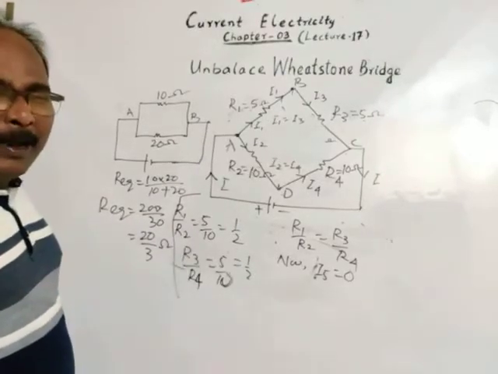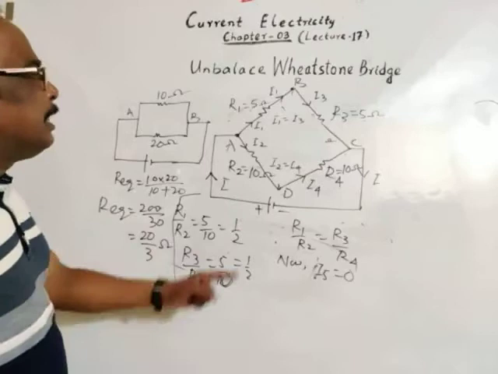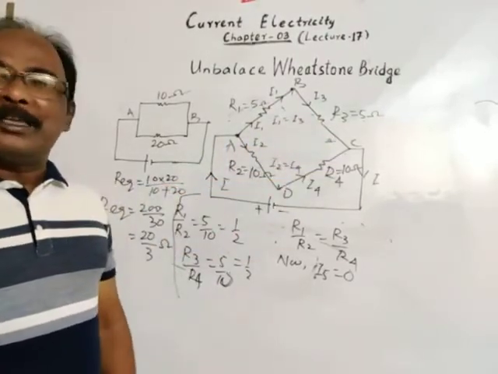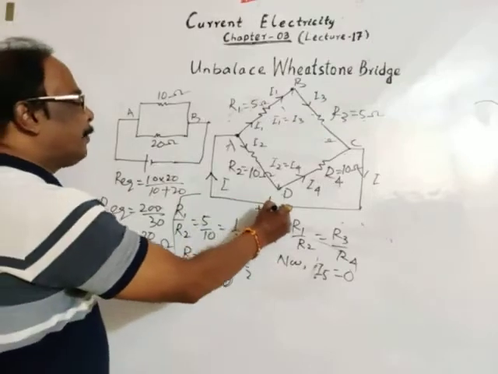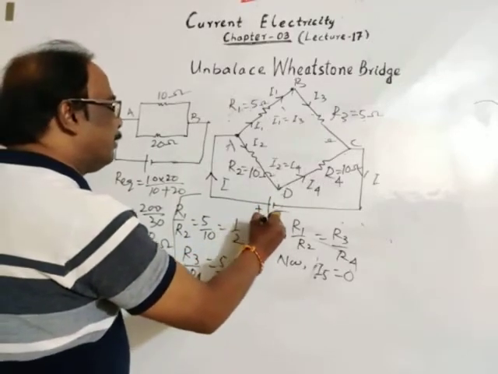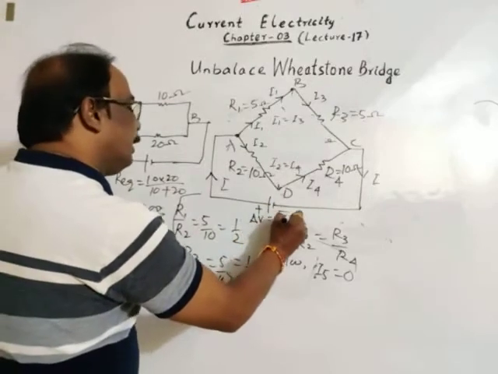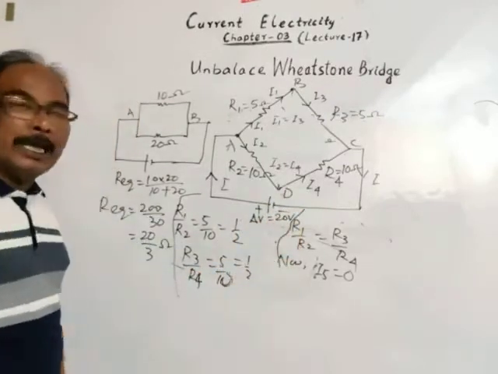Of course, it may be asked what is total current. Find current through different resistors. This may be asked. If you take potential difference, delta V is equal to, let 20 volt. Let 20 volt is potential difference.